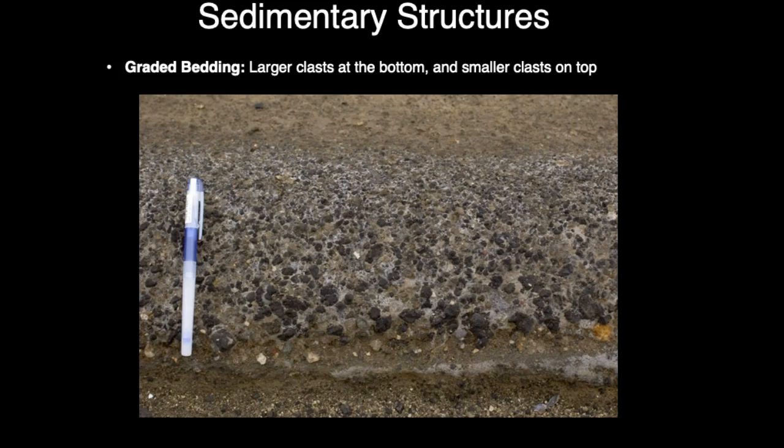So they are commonly associated with turbidity currents, which are masses of water that are filled with sediments. Because they're filled with sediments, they tend to be denser than the surrounding water, and so they will move downslope along the bottom of a lake or an ocean, for example, and cause this big amount of sediment to drop. First the coarser material, then the finer one. Graded beds are also typical in alluvial fans, which we will look at in chapter 13 in more detail.